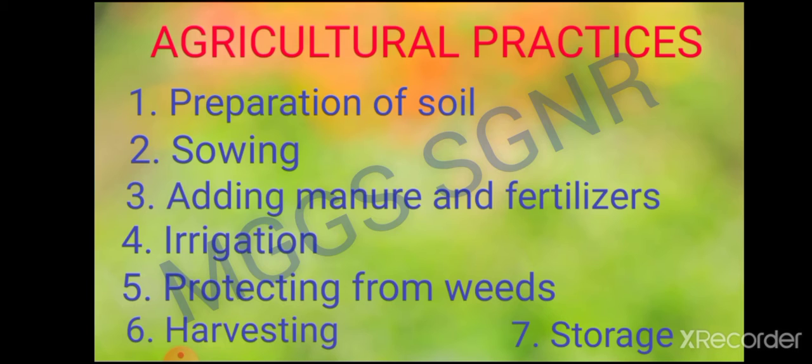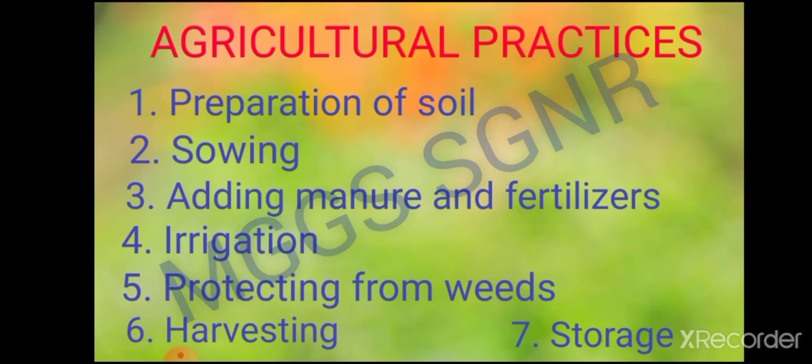After adding manure and fertilizers, we water the plants after a specific interval of time. This process is known as the irrigation process.